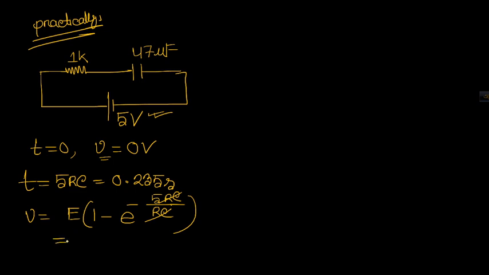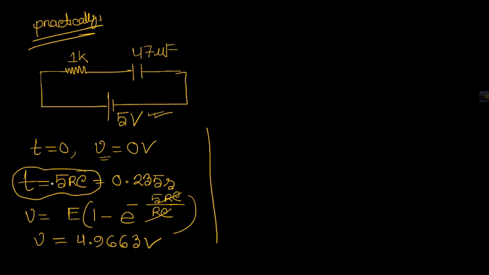Now if I calculate this voltage, we will get 4.9663 volt. It was not infinity, it was at a time of 5 RC, which is very small, 0.235 second. We get a voltage of 4.966, that is approximately 5 volt, approximately the same as the battery's EMF.